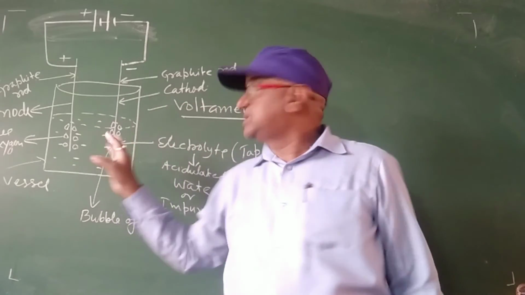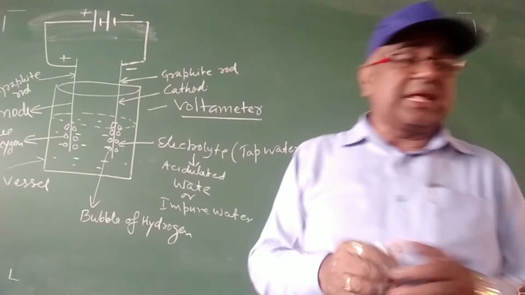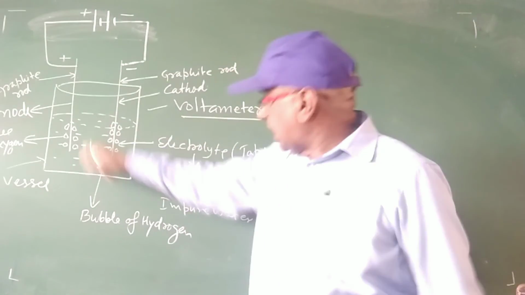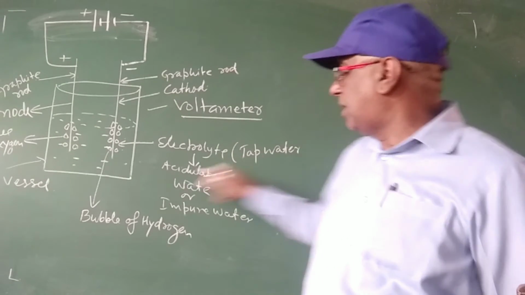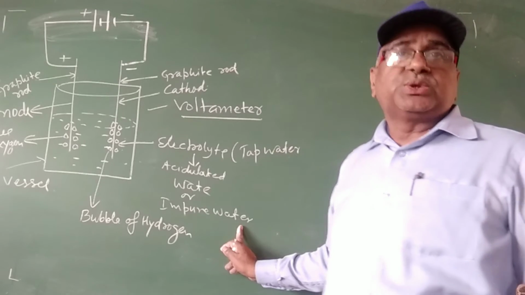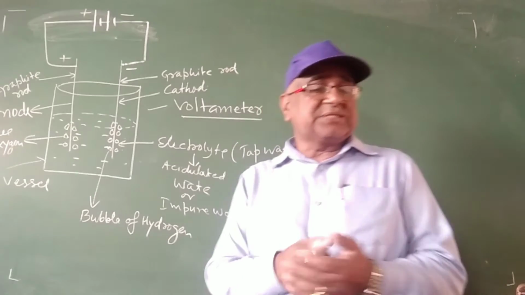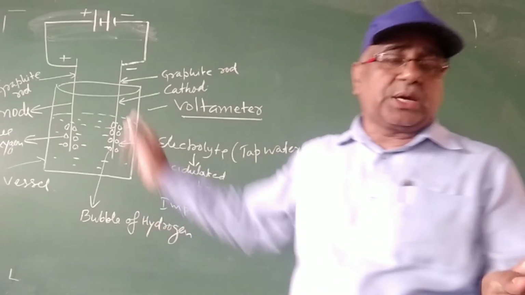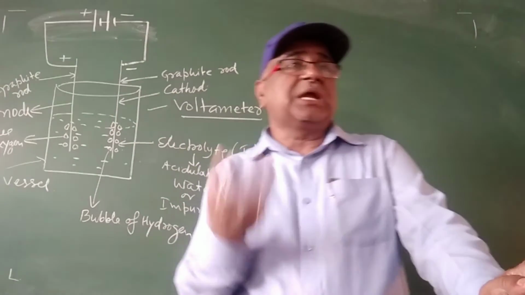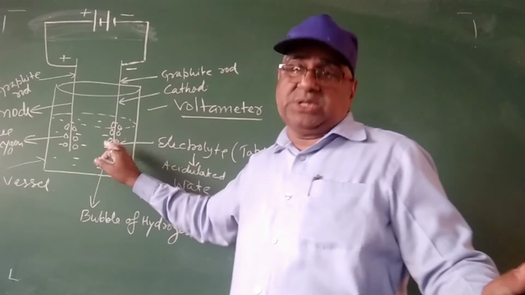And this electrolysis or the chemical reaction in the electrolyte, here electrolyte is tap water or acidulated water or impure water. So the chemical reaction depends upon nature of electrode, number one, and second factor is the concentration of the solution.